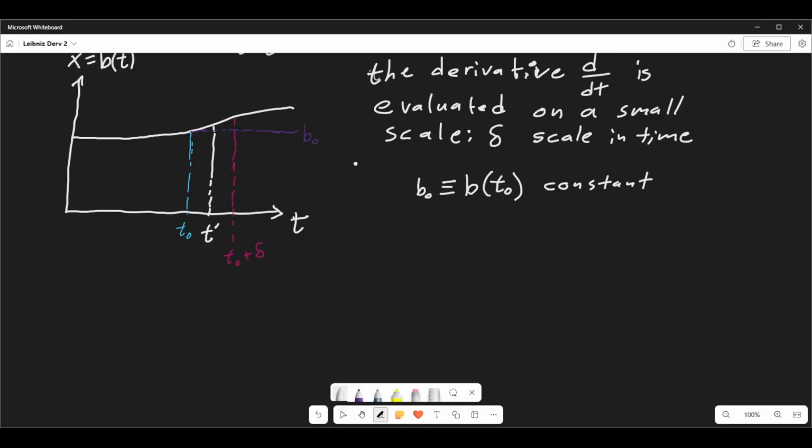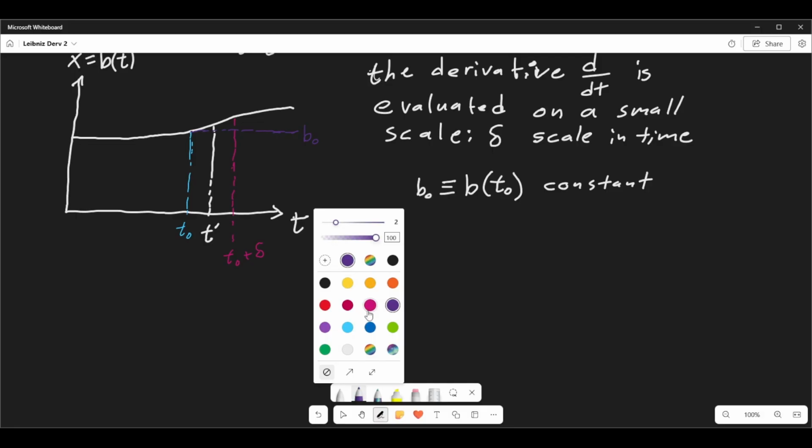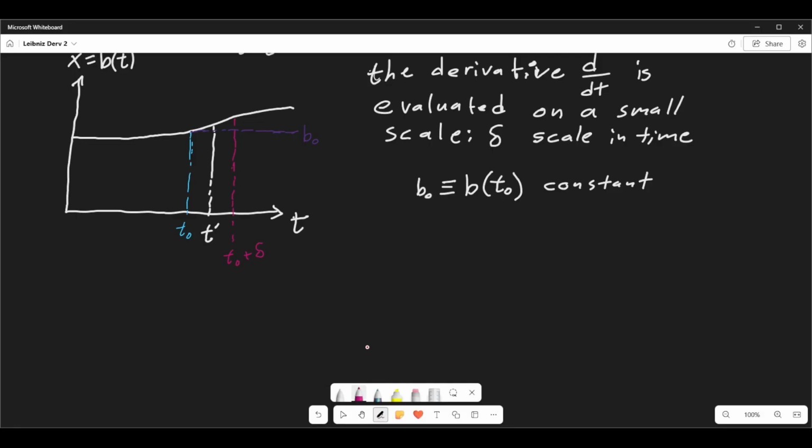And then I'm going to basically define, I go out to there, this actually has a width, delta.